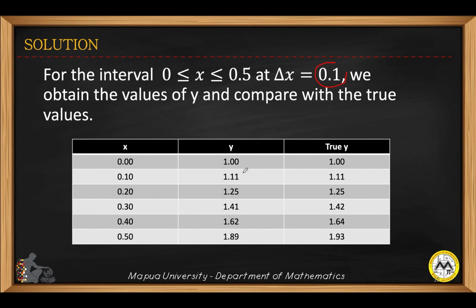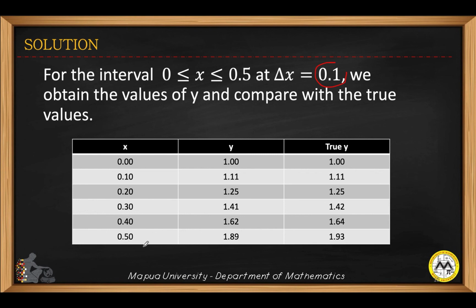So we obtain the following values at 0, 0.1, 0.2, 0.3, 0.4, 0.5. And the last column represents the true values for y at the given values of x within 0 and 0.5 at an increment of 0.1.